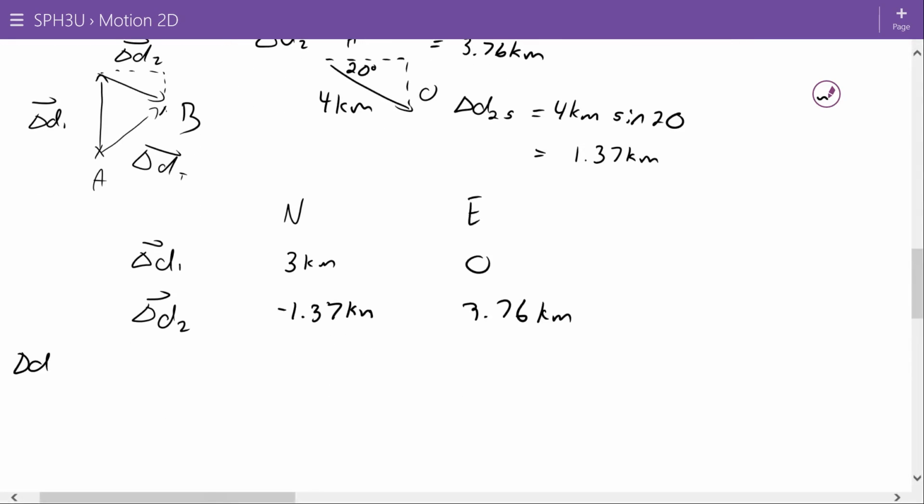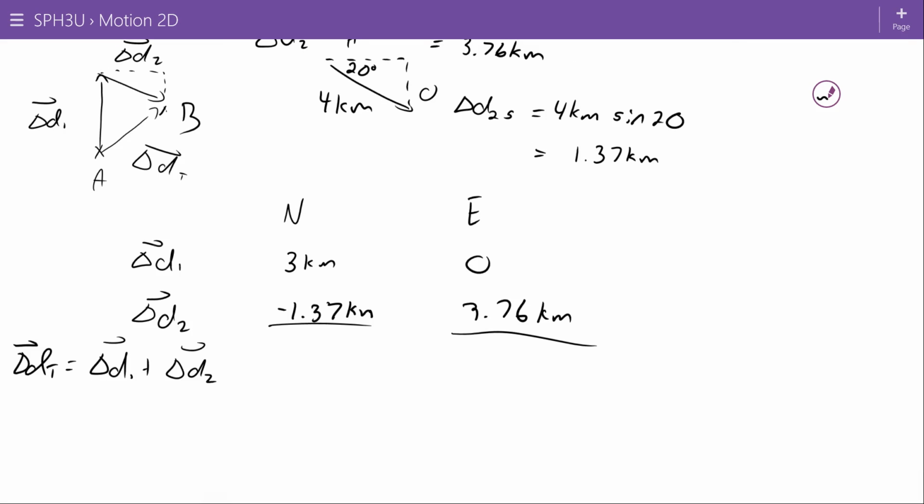Remembering that my total displacement is just equal to the sum of the individual displacements, I can directly add these things. 3 plus a negative 1.37, or 3 minus 1.37, works out to 1.63. And obviously 0 plus 3.76 is just 3.76 kilometers.